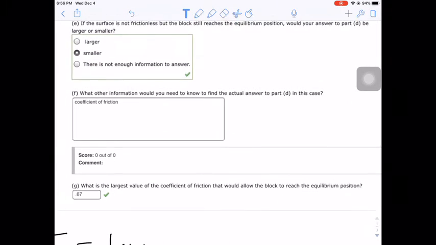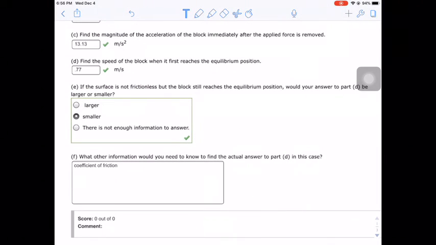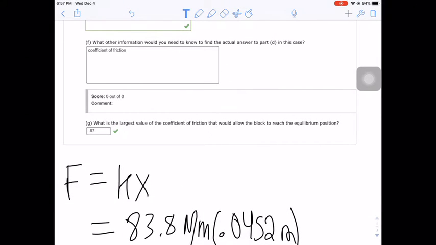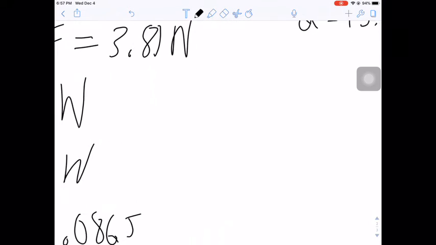If I asked what other information you would need to find the actual answer to part D in this case, you would have to know the coefficient of friction, since you want to see how much is lost when friction is added. Part G asks, what is the largest value of the coefficient of friction that would allow the block to reach the equilibrium position? Again, we can look at this with work and energy.